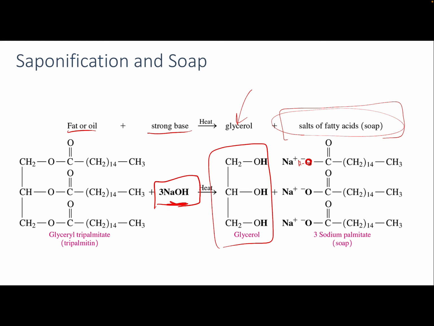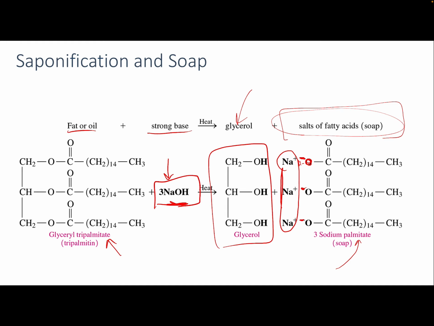And so the counter ion is going to be whatever came with our base, in this case sodium, but there's a negative charge on our carboxylate. And that name would be, again, the carboxylate of the fatty acid. So if this was palmitic acid, this would be palmitate, sodium palmitate.